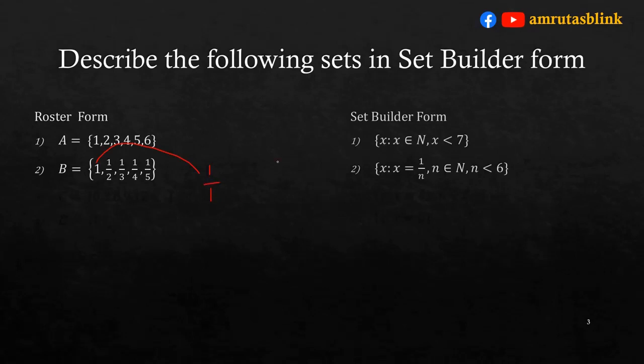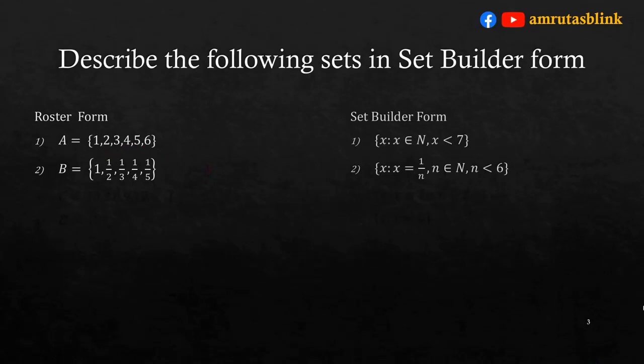So it would be 1 by 1, 1 by 2, 1 by 3, 1 by 4 and 1 by 5. Now can we write X as such a fraction, so X is equal to 1 by n where n belongs to capital N, that is n is a natural number. Now we also need to add a limiting factor such that n is less than or equal to 5.